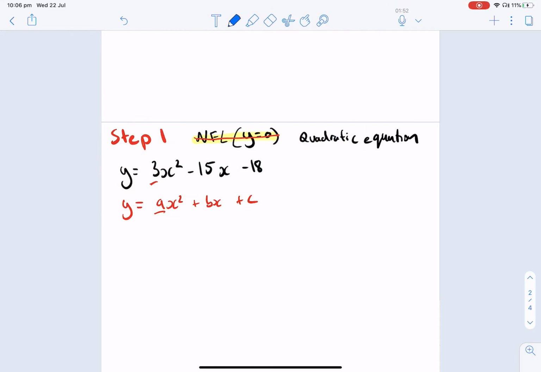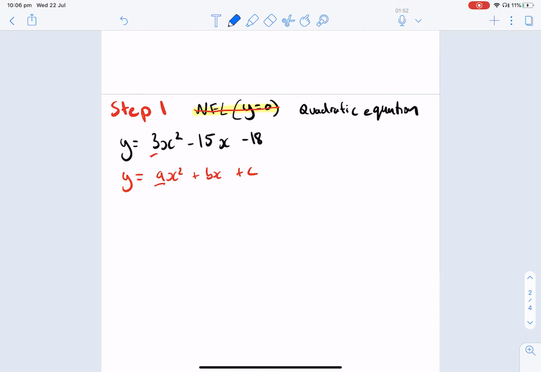First thing we need to do is identify our a, b, and c values. So our a value is 3, our b value is negative 15, and our c value is negative 18.